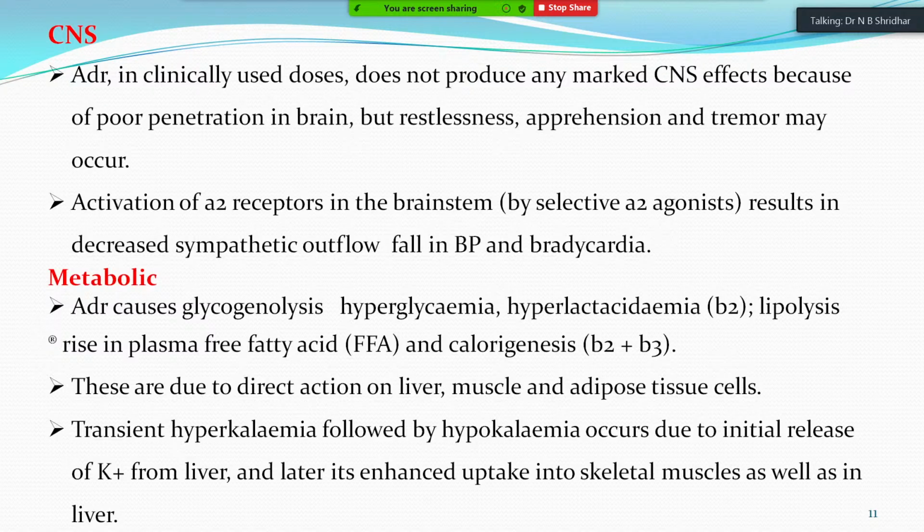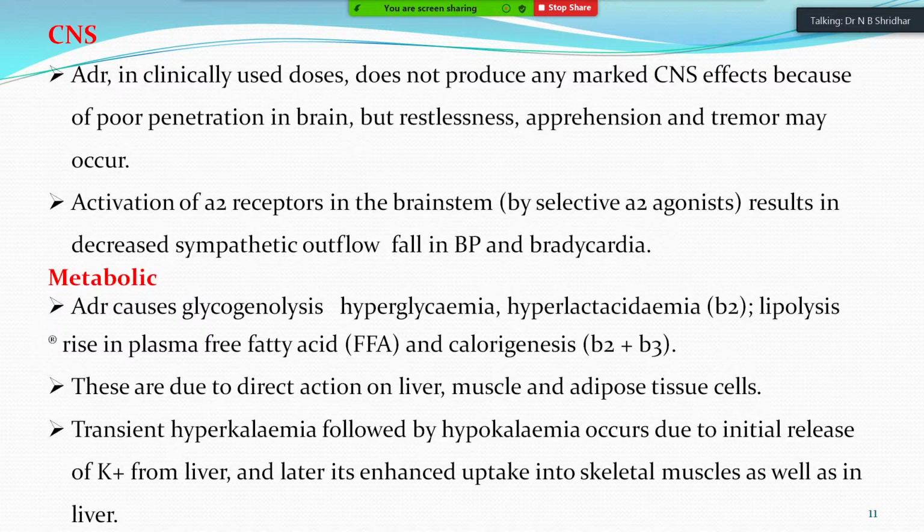So ultimately the metabolism needs to be increased to cope with the situation of fight and flight. That's why catabolism of glucose and hyperglycemia occur, catabolism of fat and other tissues, and pouring of glucose from the liver will occur, and ultimately hyperglycemia will be seen.